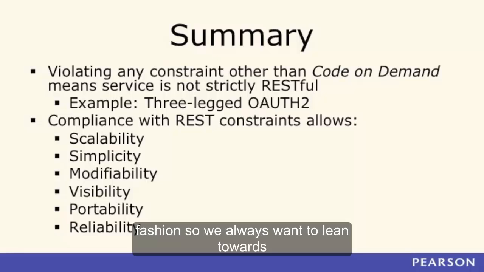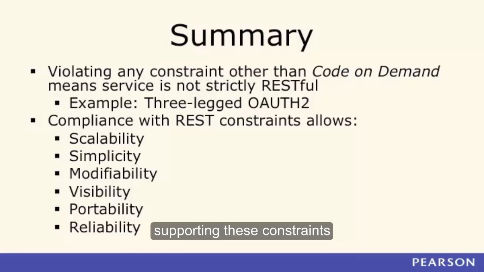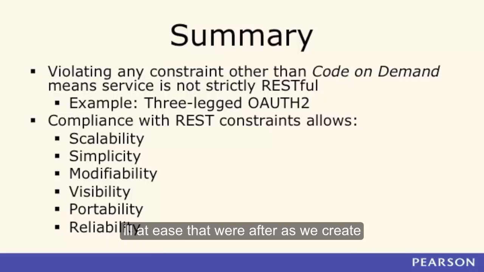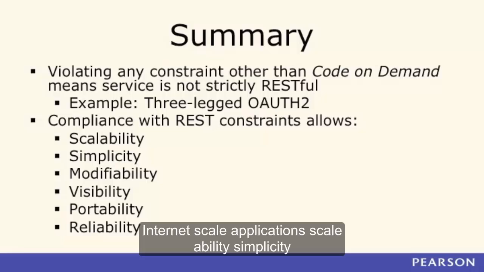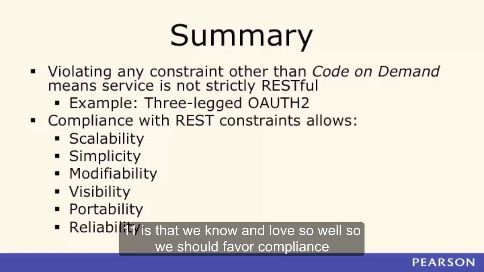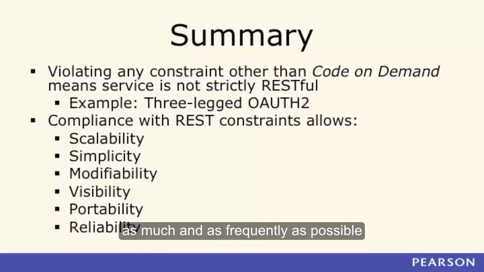So we always want to lean towards supporting these constraints because with compliance we get all these lovely ilities that we're after as we create internet scale applications. Scalability, simplicity, maintainability, all those ilities that we know and love so well. So we should favor compliance as much and as frequently as possible.